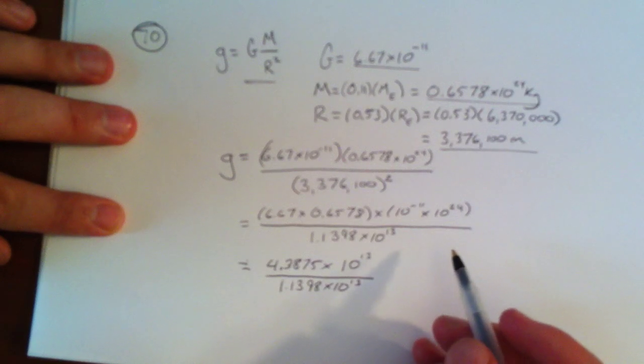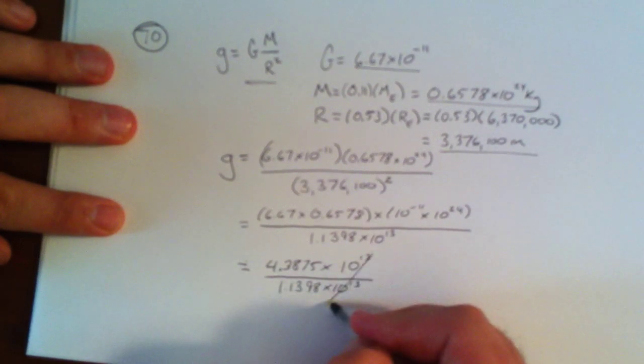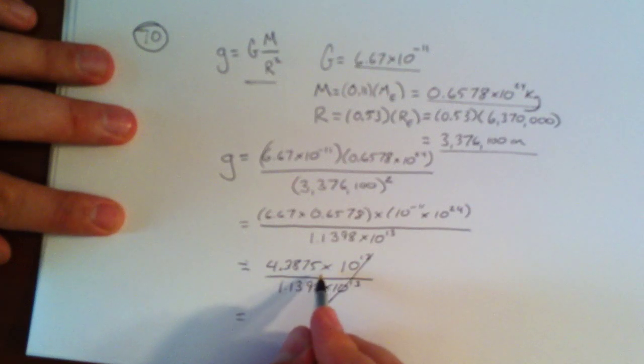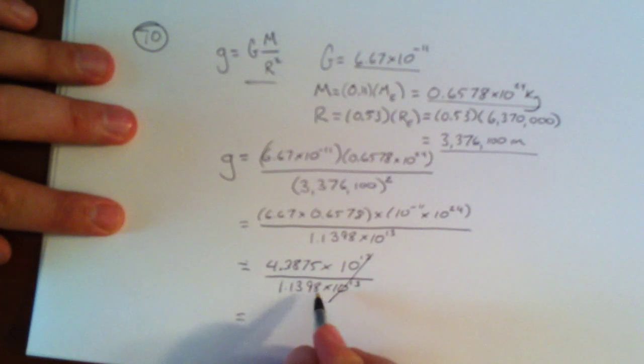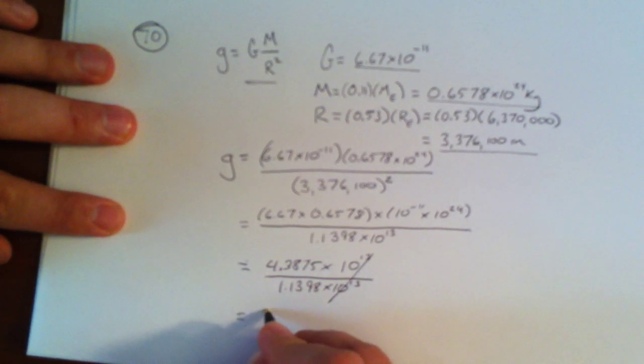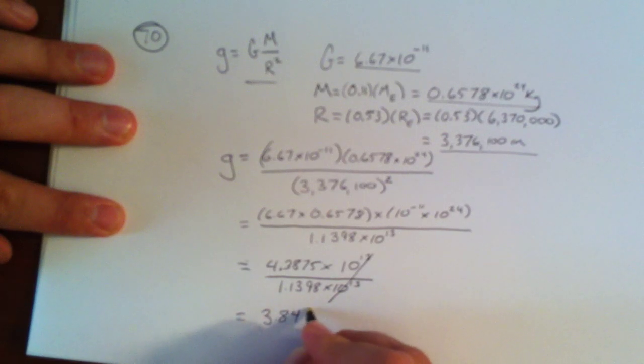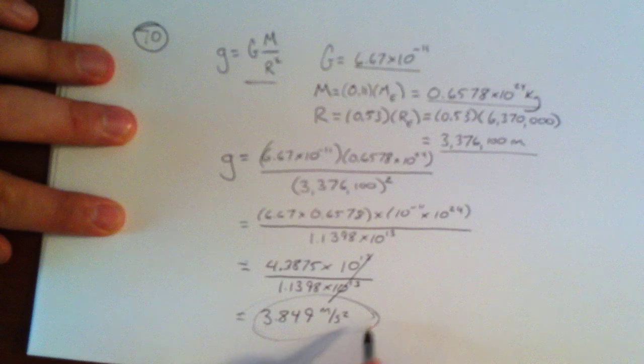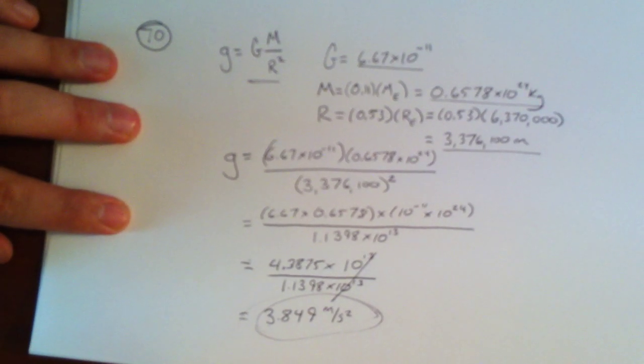These two 10 to the 13ths cancel each other, so you're left with 4.3875 divided by 1.1398. When you do that, you get 3.849 meters per second squared. And there you go. That is how you work problem 70.